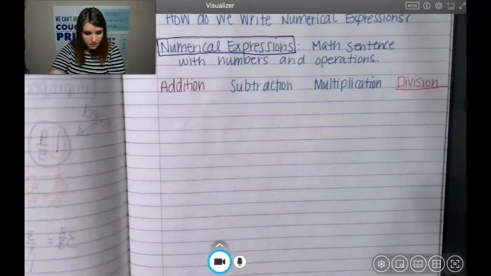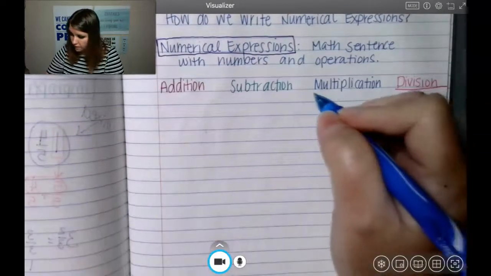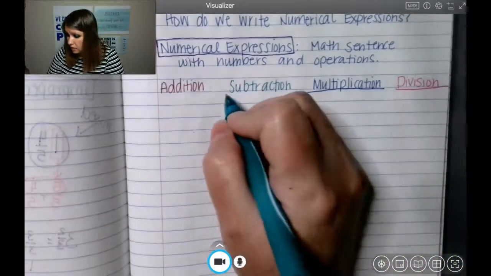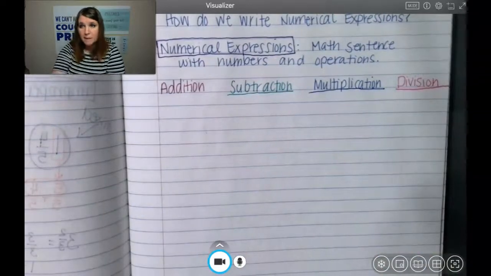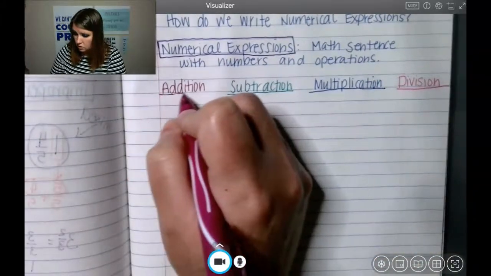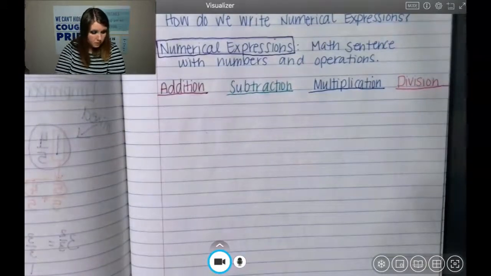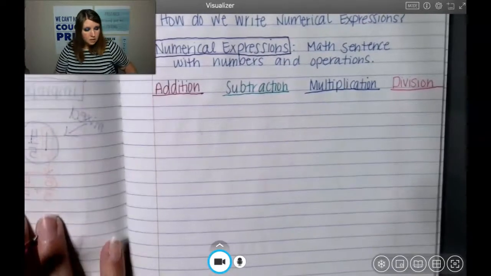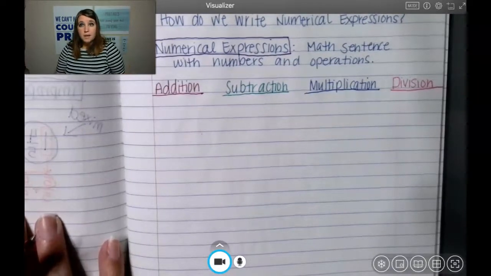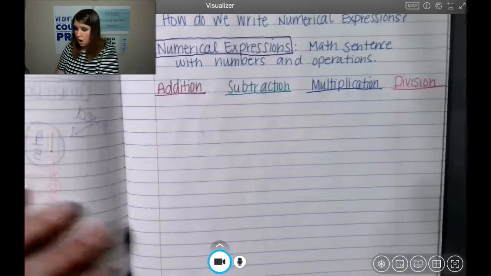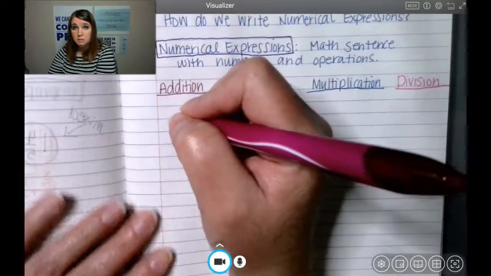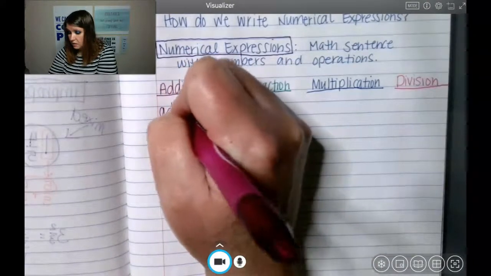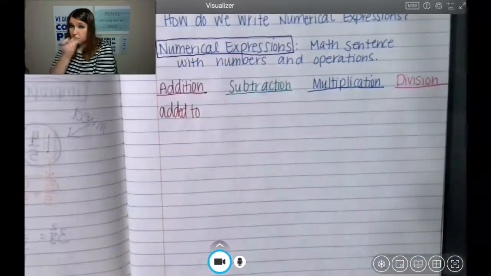operations. Now, these different operations all have various words or clues that signal, hey, you need to use my symbol in order to solve this problem. So we're going to talk first about addition. So let's talk about addition. Some clue words that you might use for addition are simply like the word added or added to.